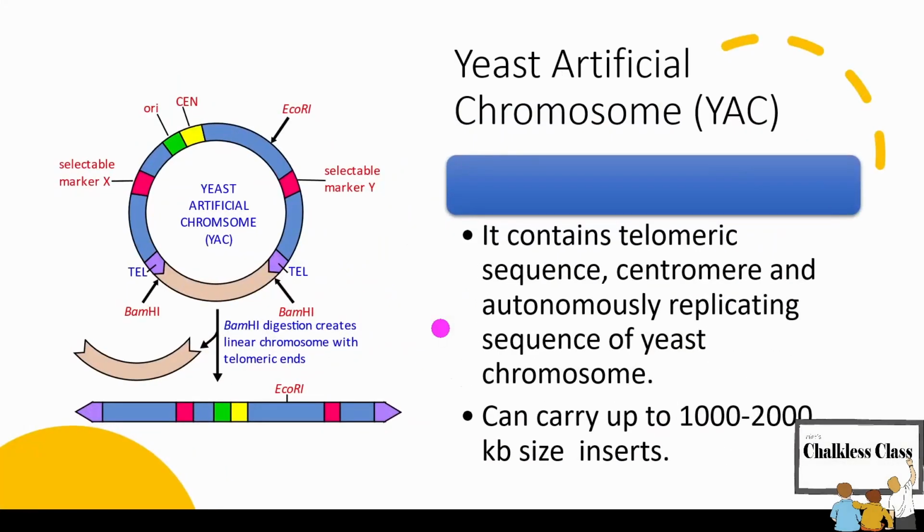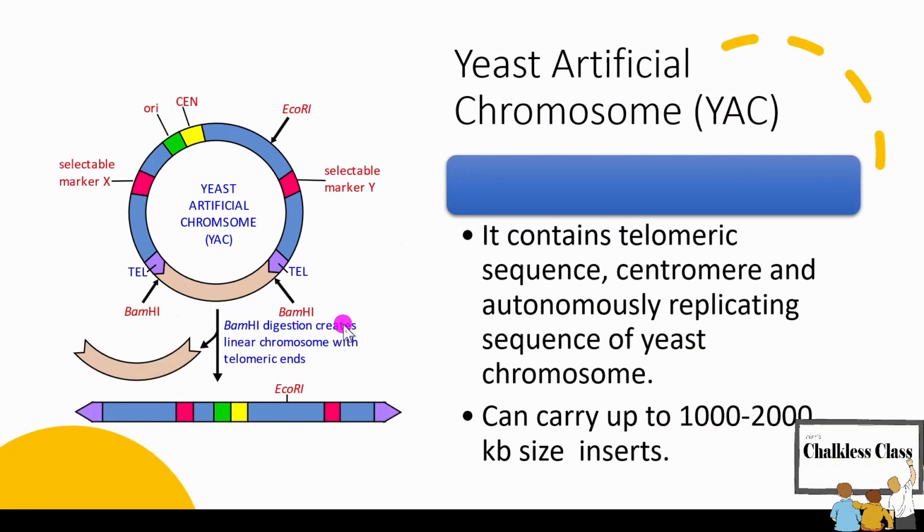Next, yeast artificial chromosome. It contains autonomously replicating sequence of yeast chromosome like the ORI site, etc. And it has centromere and telomeric sequences. It has two selectable markers. This is the marker 1 or X marker. This is the selectable marker Y. And here it has two sites for BamHI.